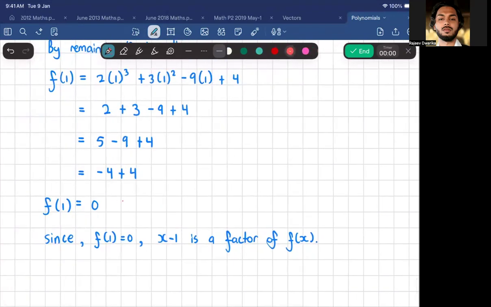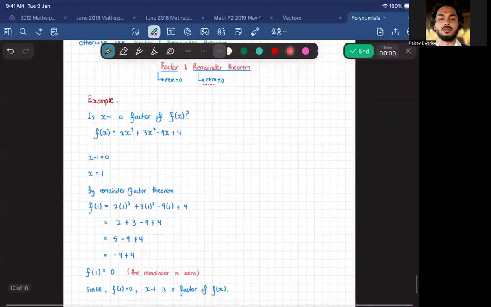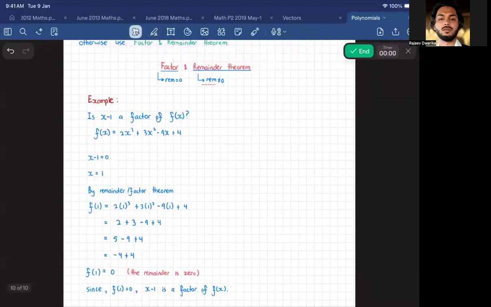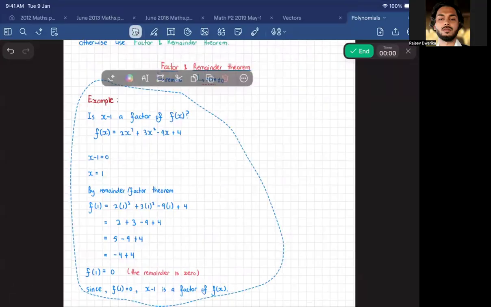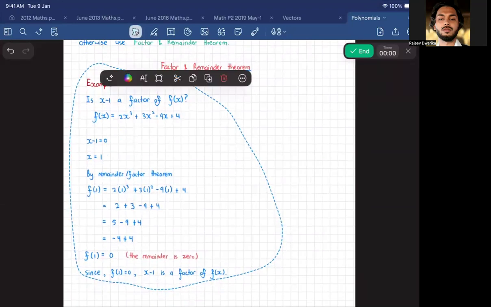So what this boils down to is the remainder. All the factor and remainder theorem says, I shouldn't even say and, I should just say slash, because it's the same concept. It's literally the same concept.